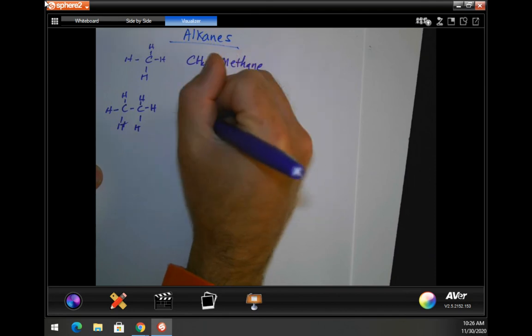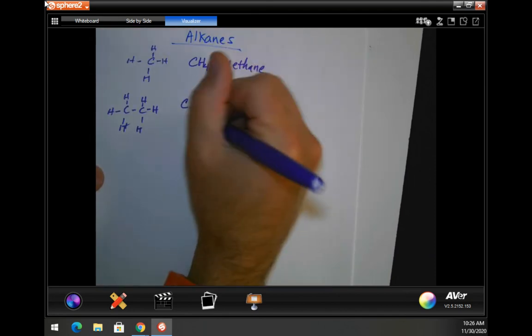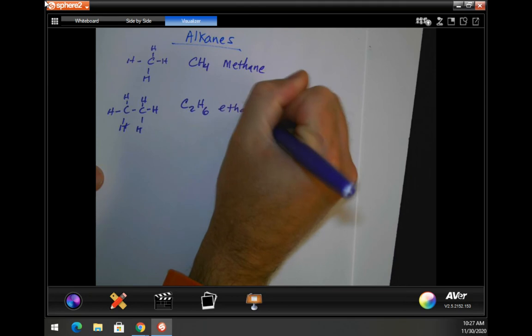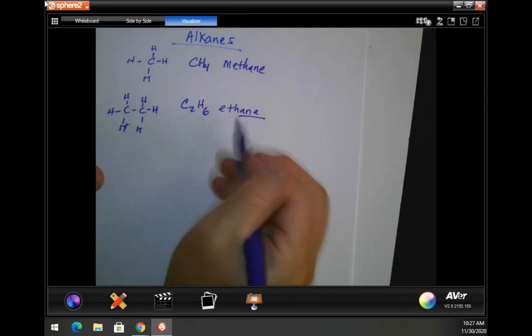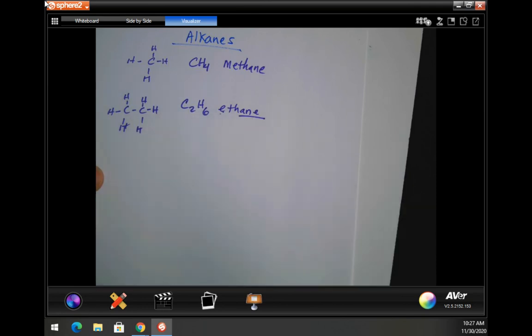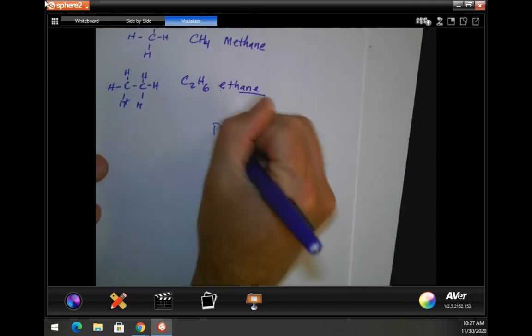If we look at our chart, what's the prefix for 2? Eth, and they're all single bonds, ane. So if they're single bonds and there's 2 carbons, it's ethane. Does that make sense?